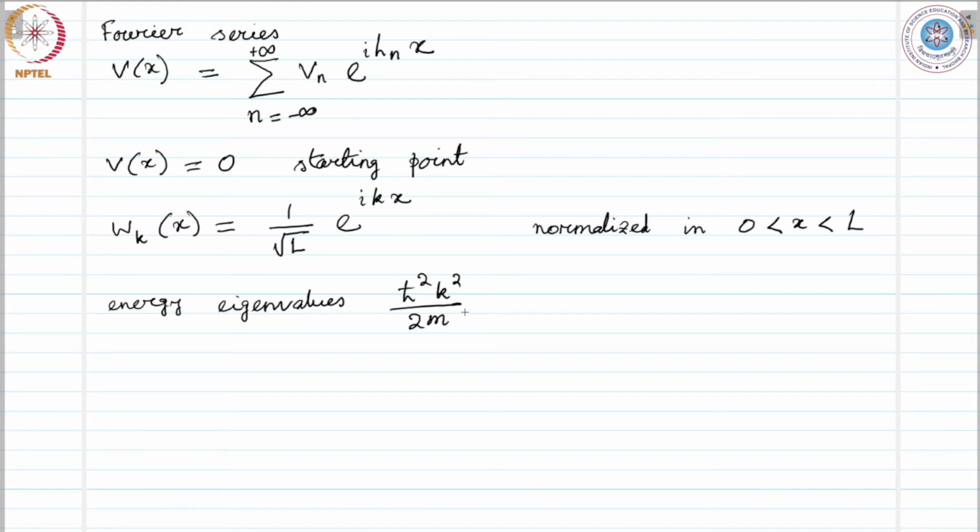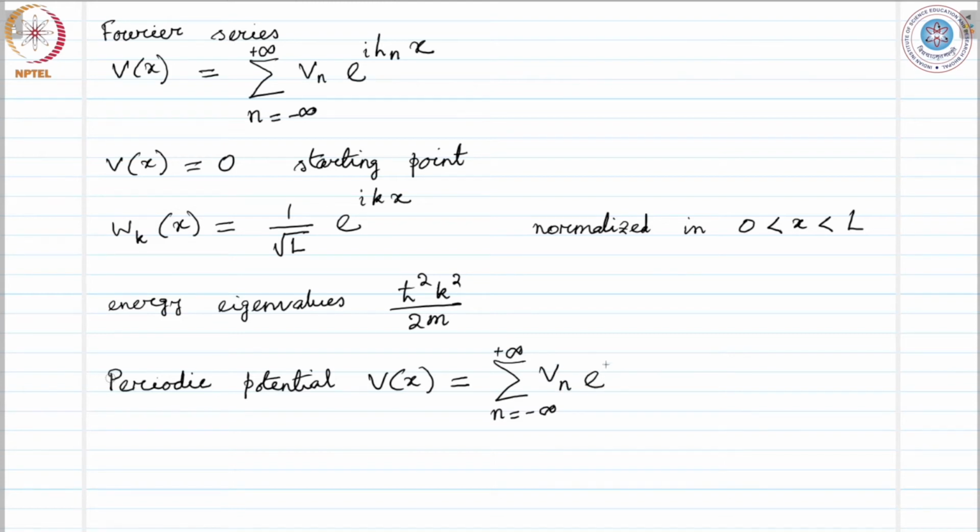Now, let us consider the eigenvalue problem when the potential is periodic but not 0. So, we have a periodic potential that can be expressed in Fourier series as the sum over n equals minus infinity to plus infinity of V_n e power i h_n x.